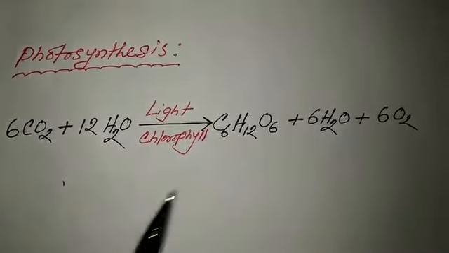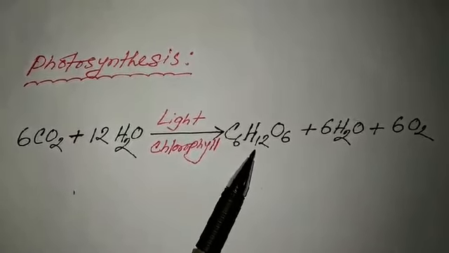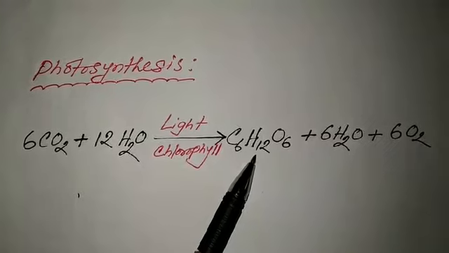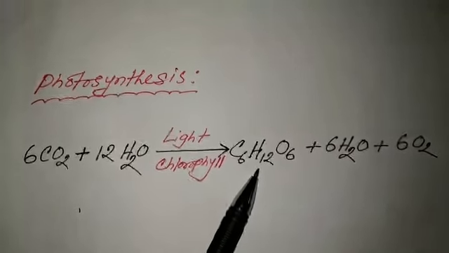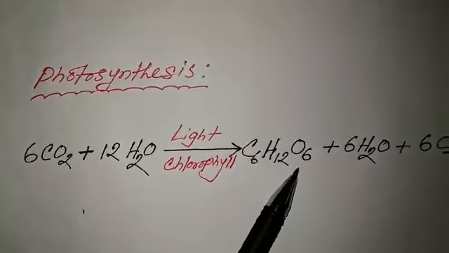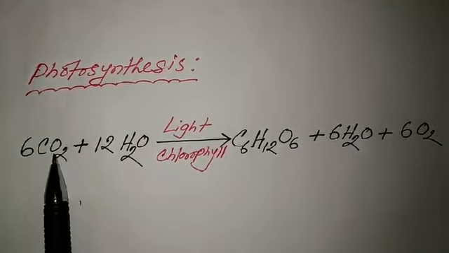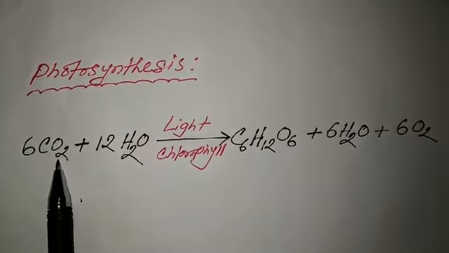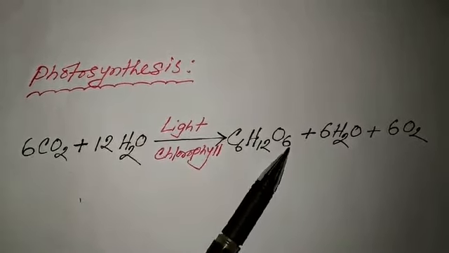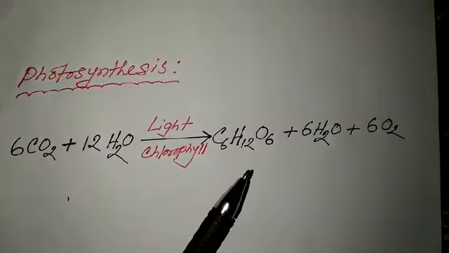Once again, see here, this is the carbohydrate, right? Glucose is a carbohydrate, and here if glucose increases, definitely from this reaction we can say this is a product. If the product increases in a reaction, then definitely the reactant will decrease. That means if the product increases in a reaction, then definitely the process will be slower.